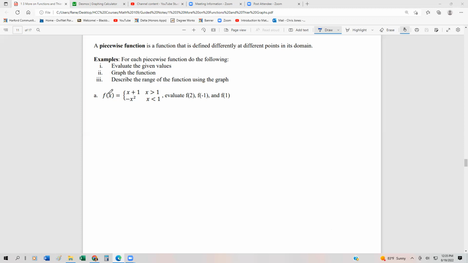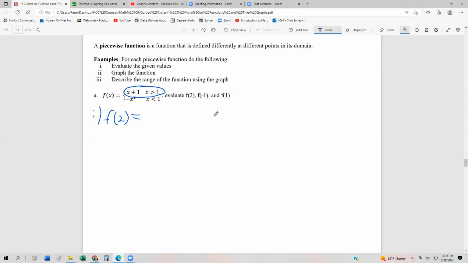So this is what a piecewise function looks like in general. Notice that the function is defined as x plus 1 whenever x is greater than 1, and negative x squared whenever x is less than 1. To evaluate a piecewise function, we just select which of the conditions is satisfied by the input. If I wanted to evaluate f at 2, f at 2 would fall in this expression because 2 is greater than 1.